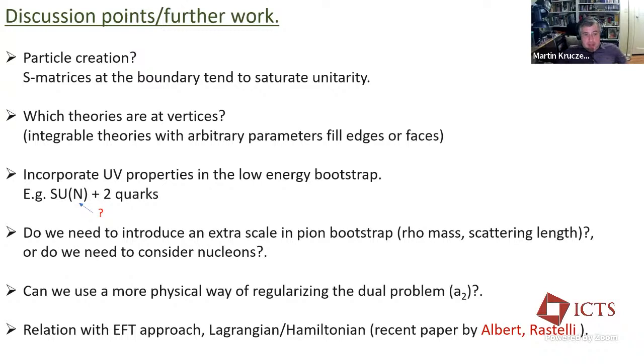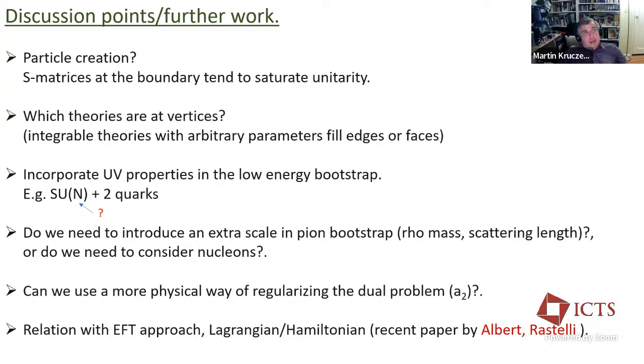So the other thing is if we look at pions, we said that we have a dimensionless parameter, which is the mass of the pion divided by lambda QCD. And how do we incorporate that scale in the bootstrap? So in the bootstrap, we didn't put any scale other than the pion mass. Naively, one way would be to incorporate nucleons, for example. So you will have a pion and nucleon, and then the ratio between the mass of the pion and the mass of the nucleon would be the parameter that will give you the correct scale.